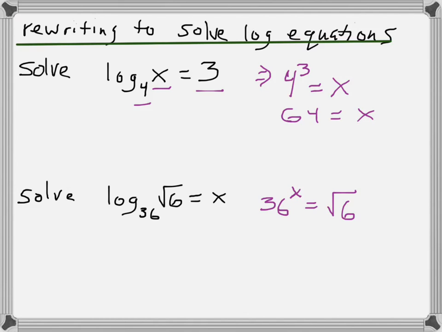Well, I know that 36 to the 1/2 would equal 6, so that means that 36 to the 1/4 power is going to be the square root of 6, because 36 to the 1/2 would be 6, and then to get another square root I'd have to take that to another 1/2 power, so that would be x equals 1/4.